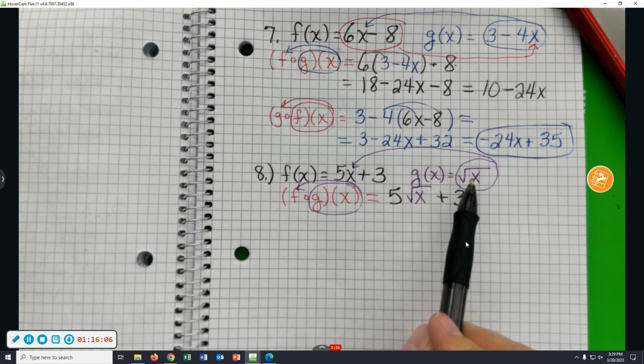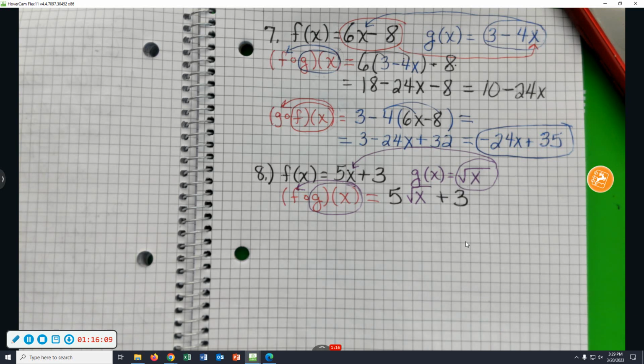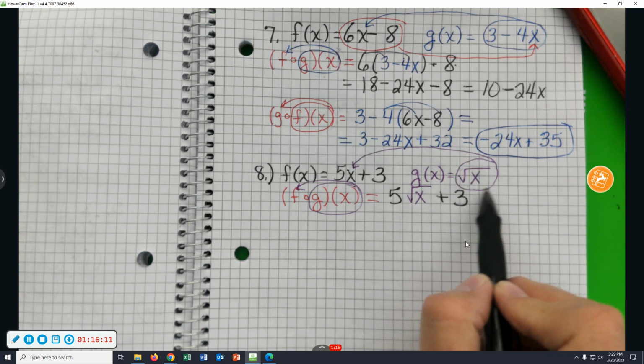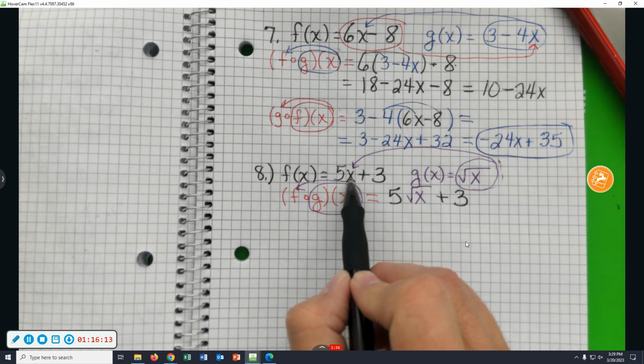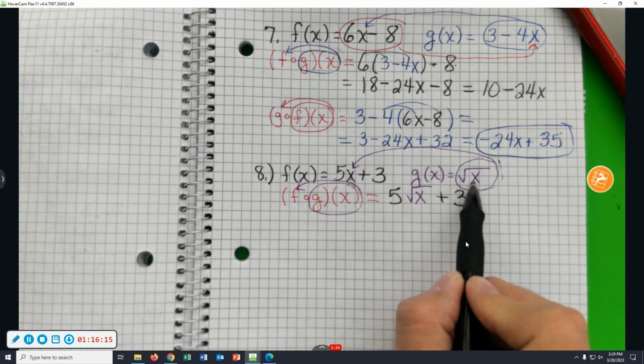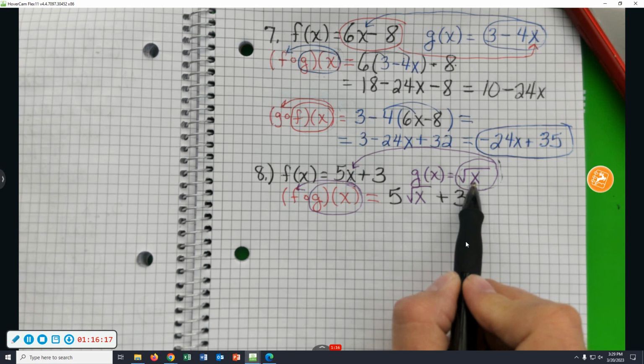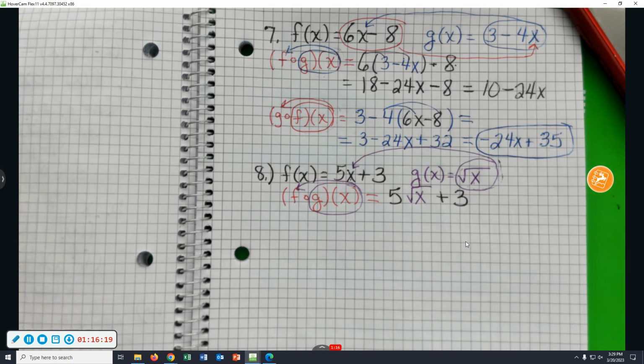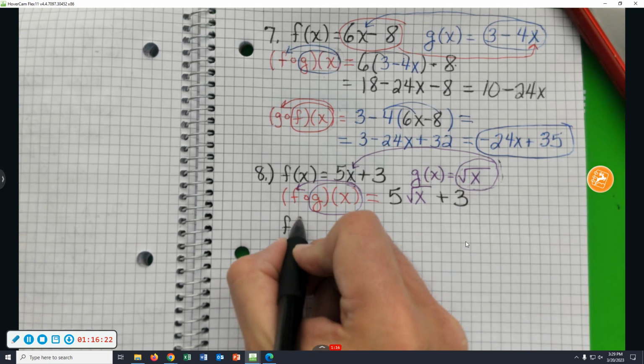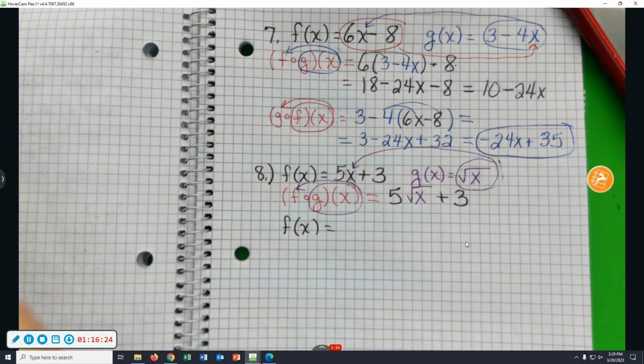Well, you'll get the hang of it because it's really not difficult. You're plugging this into x. In place of this black x here, you're putting the square root of x.